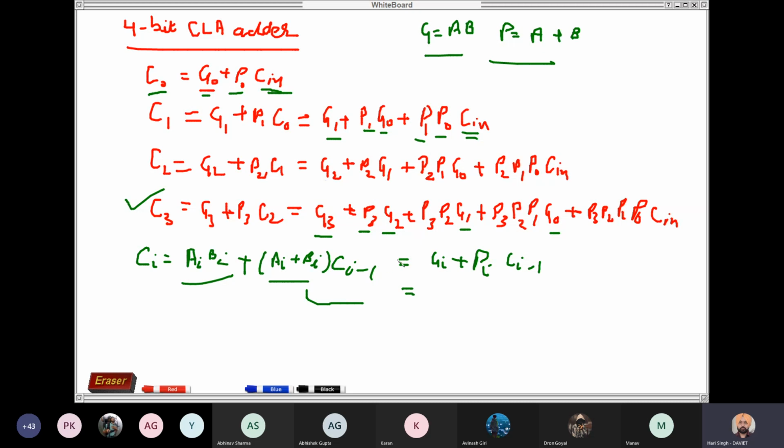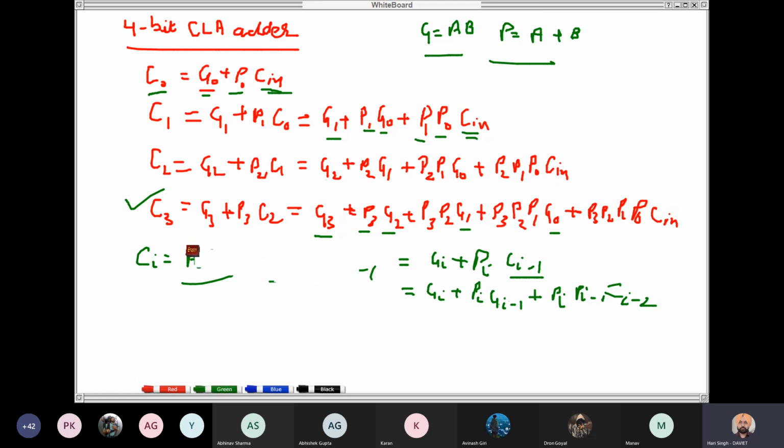Then if you put Ci minus 1, you will have Gi plus Pi into Gi minus 1, then plus Pi minus 1 into Ci minus 2. Okay, so this is simply our Ci.